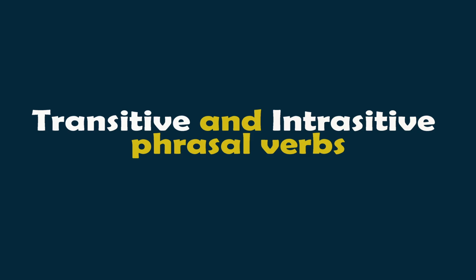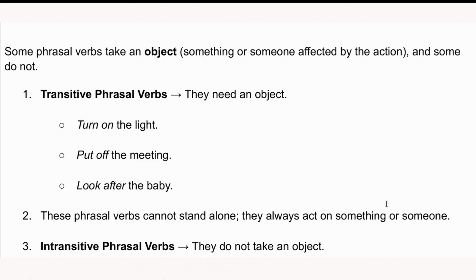We also have transitive and intransitive phrasal verbs. Some phrasal verbs take an object, something or someone affected by the action, and some do not. Transitive phrasal verbs need an object. For example, turn on the light.